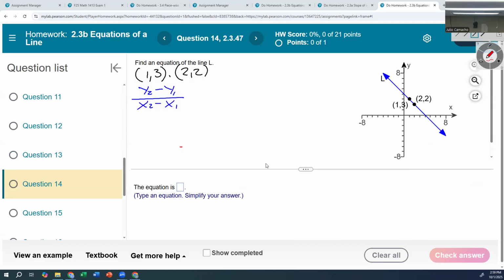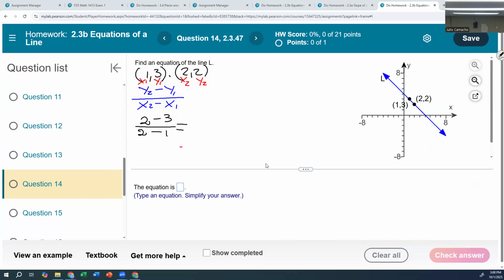And I want to label: 1 is my x1 and 3 is my y1. 2 is my x2 and 2 again is my y2. So now I have all the information I need for my slope formula. I will plot my formula and replace these symbols by numbers. y2 is a 2 minus y1 is a 3, all over x2 is a 2 again and x1 is a 1.